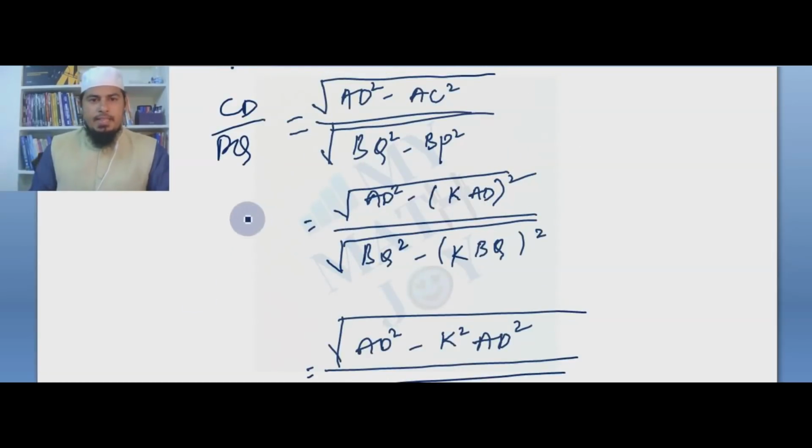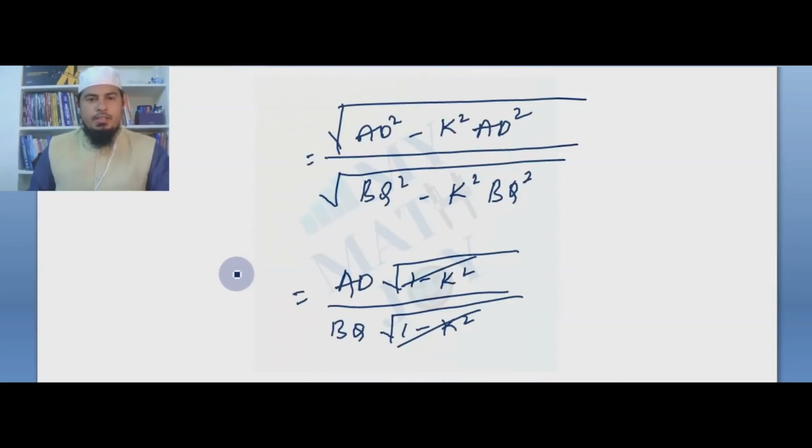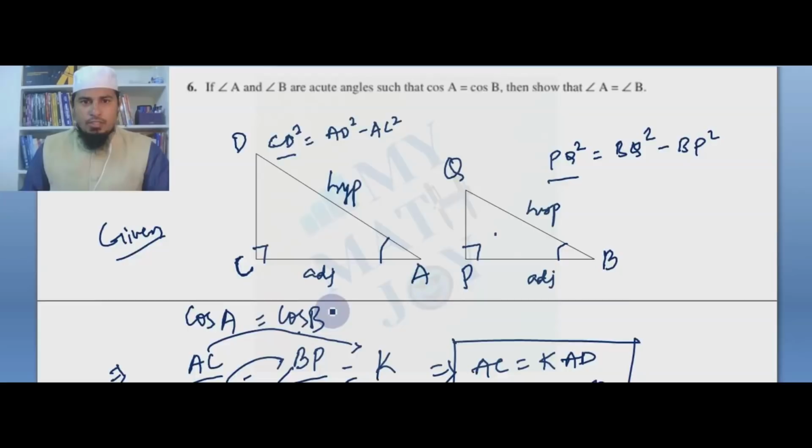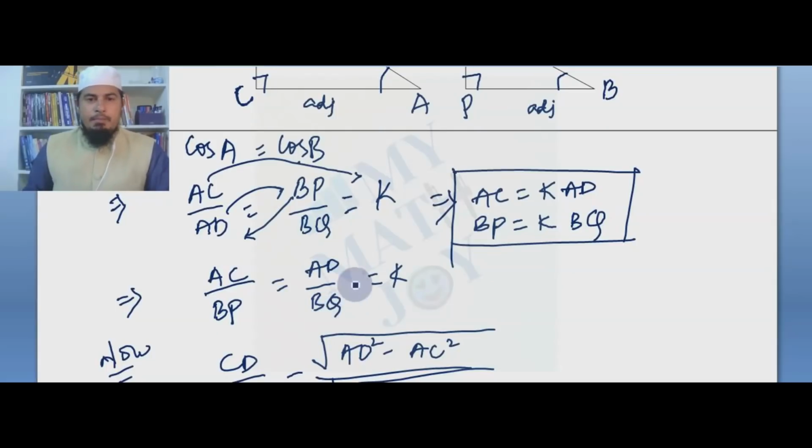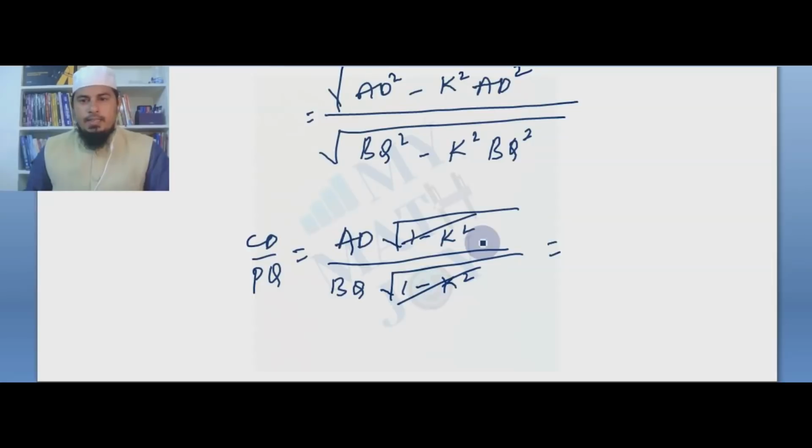Your left hand side is CD by PQ, and you are left with AD by BQ. What is AD by BQ? AD by BQ is your K. So you can write here equal to K.